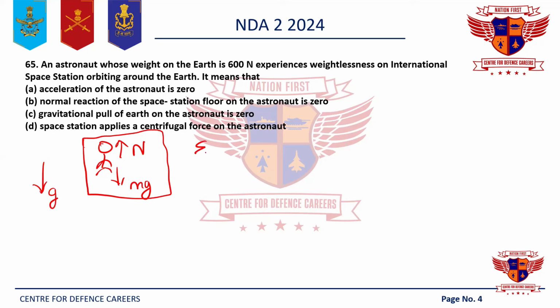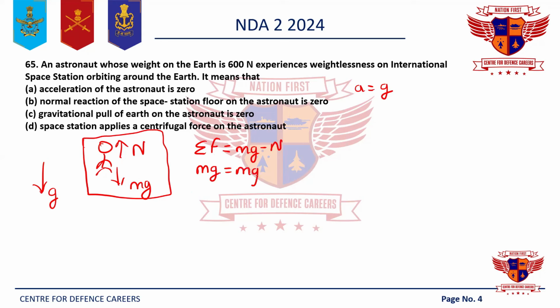Now, the summation of all the forces, that is the net force, will be equal to mg minus N. According to Newton's second law, force is equal to mass times acceleration. Here, acceleration is equal to the acceleration due to gravity, so instead of writing ma, we'll write mg.